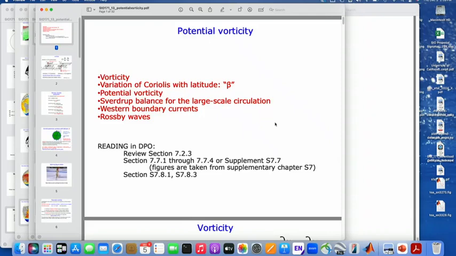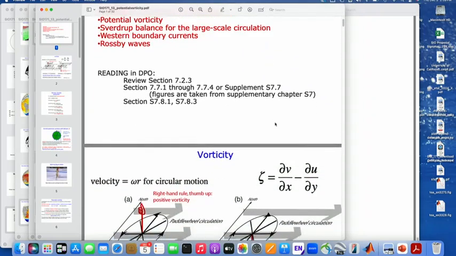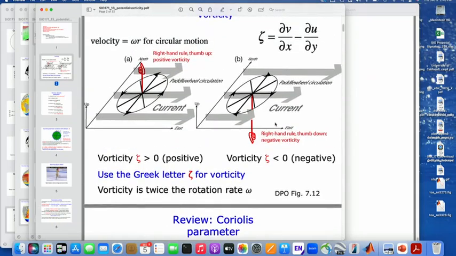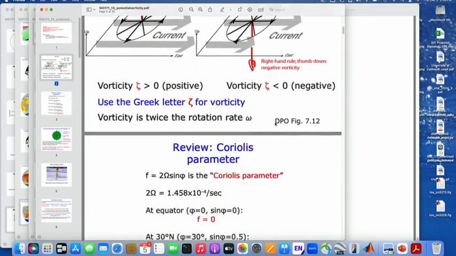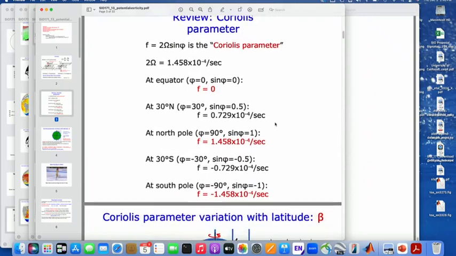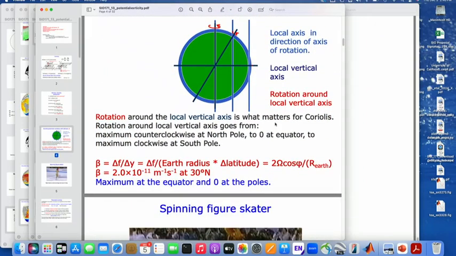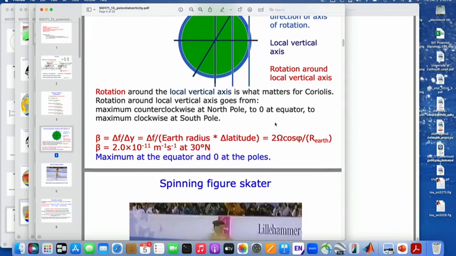Potential vorticity. We talked about the relative vorticity, and there's a review of the Coriolis parameter. We talked about beta, which has to do with the change of f with north-south position on Earth.